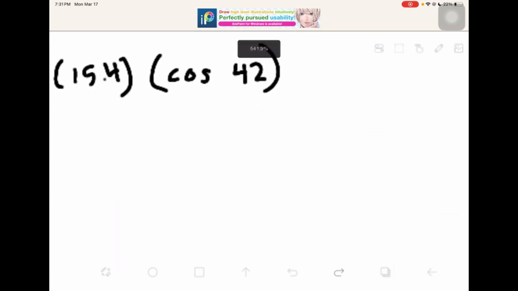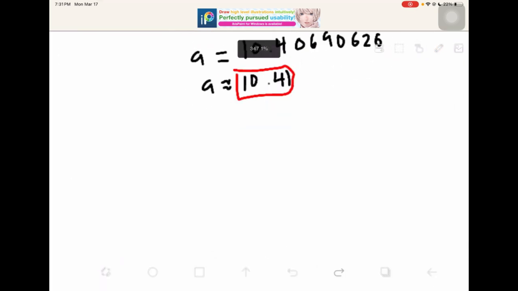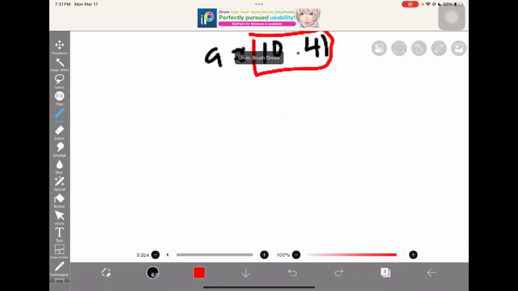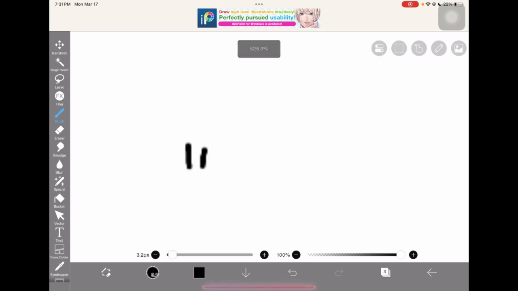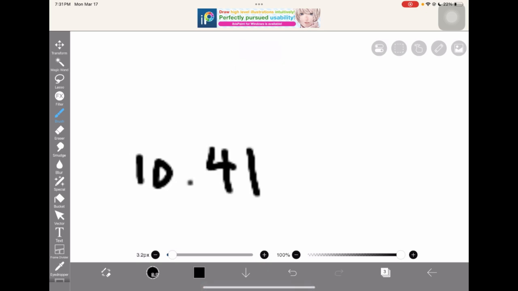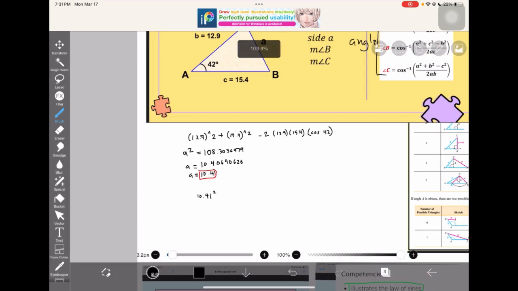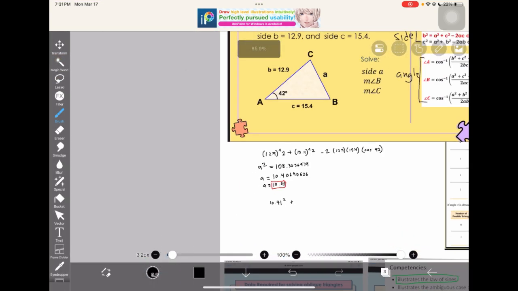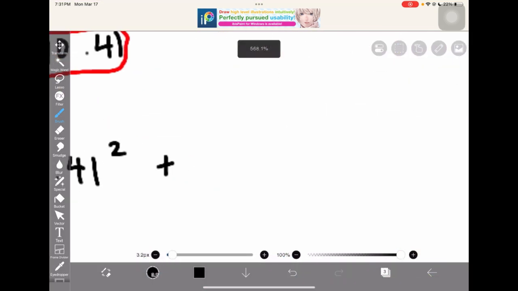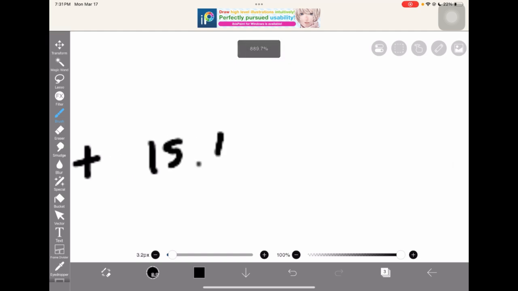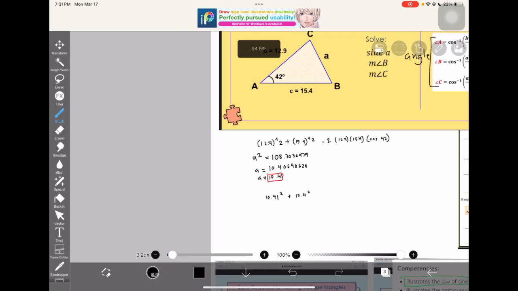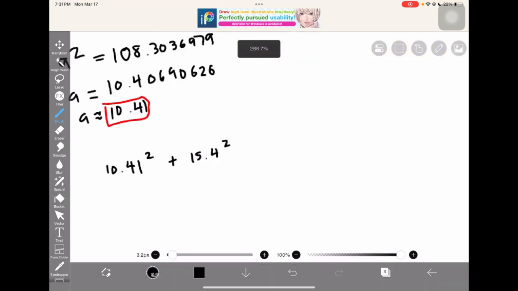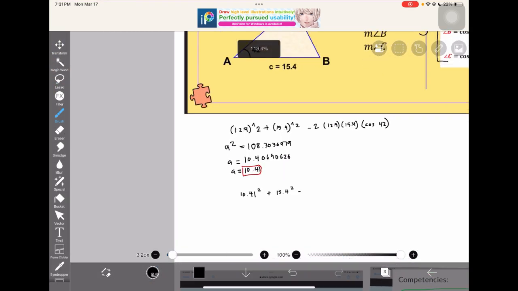So we do in our calculator first 10.41 squared plus C squared, so that's 15.4 squared, plus minus B squared. B squared is 12.9 squared.